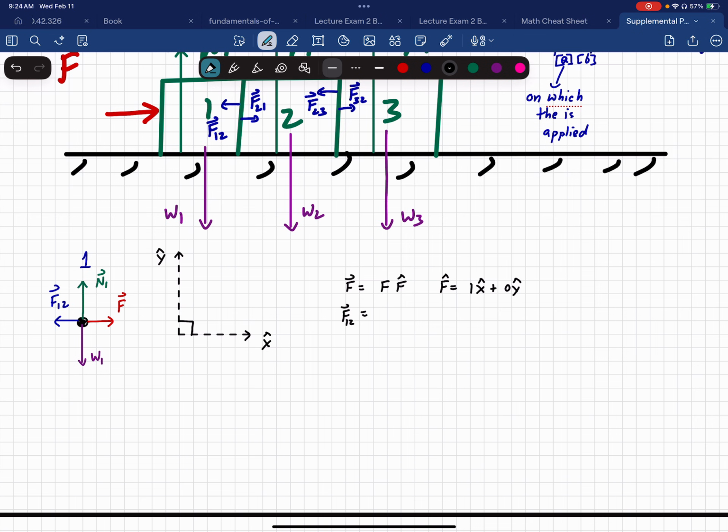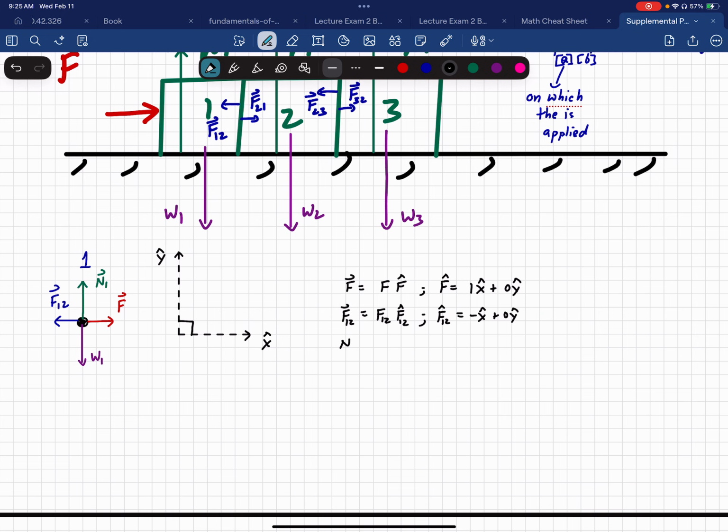F12 hat. Now F12 hat is negative X hat plus 0 Y hat.